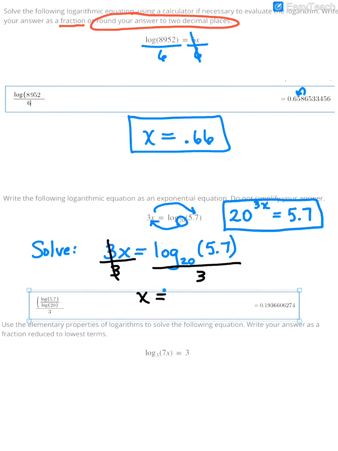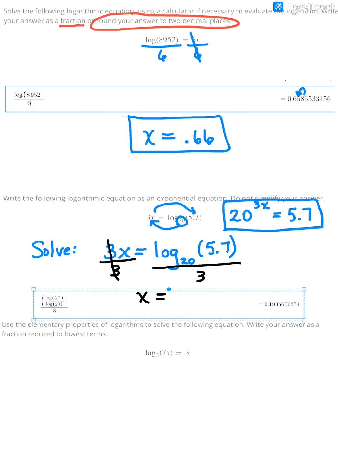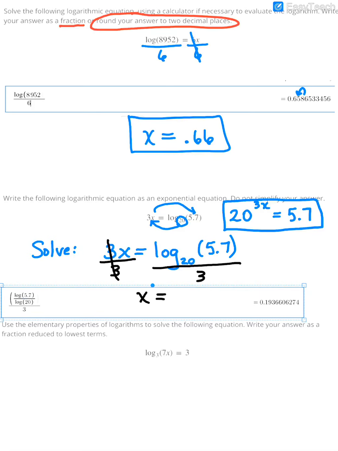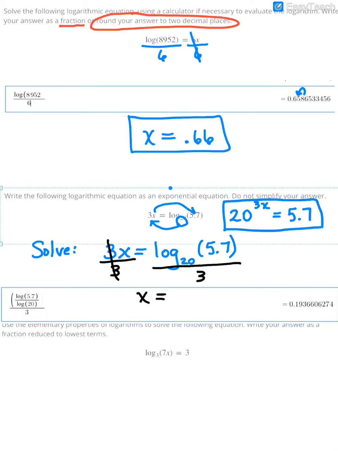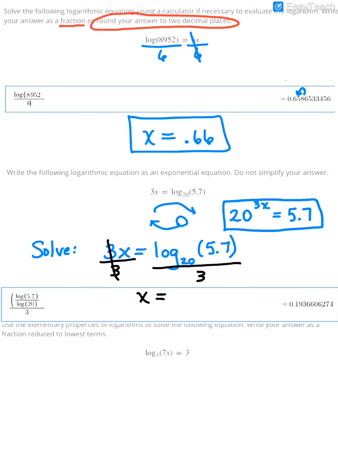We use something in this case called a change of base formula. If your calculator has a logarithm key that looks something like this, where they have a log and a little box for the base, then certainly you could type it in directly as you see it by putting the little 20 in this box and then the 5.7 here, and then of course dividing by 3.